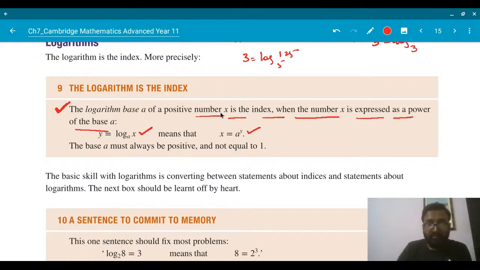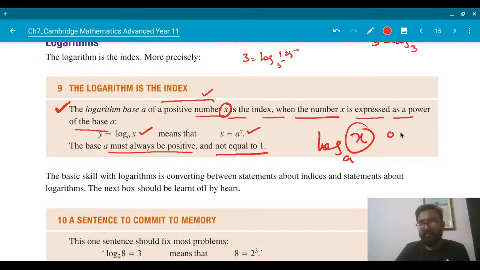Here x is always positive by default. A must also be positive, and a should not equal 1. So in log x base a, 0 less than x less than infinity, and 0 less than a less than infinity.